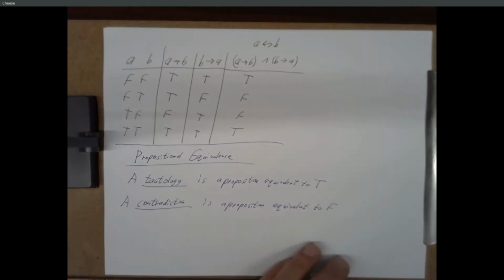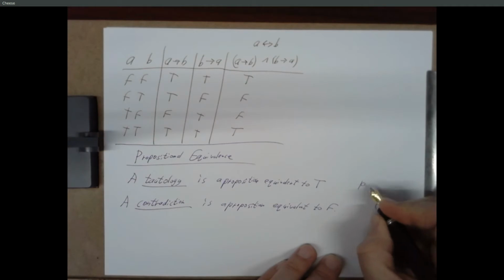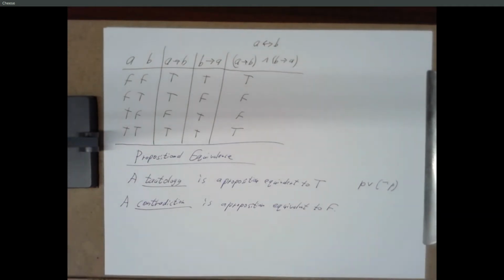So an example of a tautology, a proposition that's logically equivalent to true, is P or not P. Whatever the value of P is, either P is true or the negation of P is true. And if I write the truth table for P or not P, every row will have a T in it.